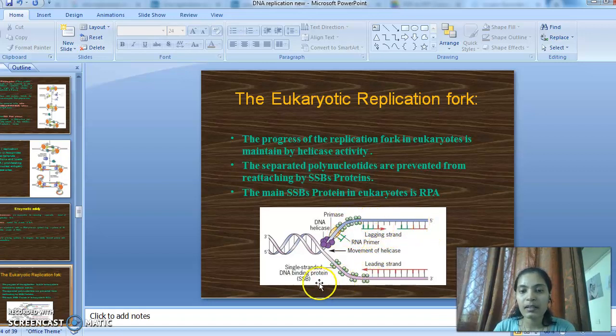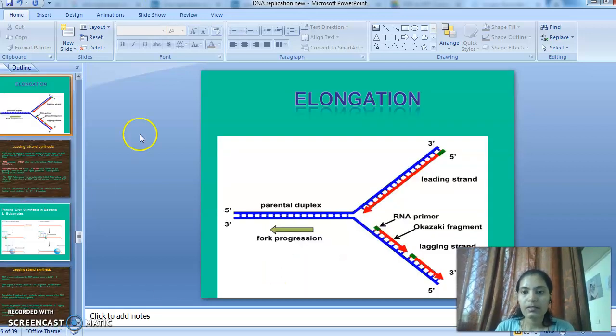Here you can see there is single stranded DNA binding protein SSB, then you have DNA helicase, and this is your primase which inserts the RNA primer, and these are your Okazaki fragments. Again, it is a pictorial representation. These are the Okazaki fragments, RNA primer, whereas this is your leading strand.